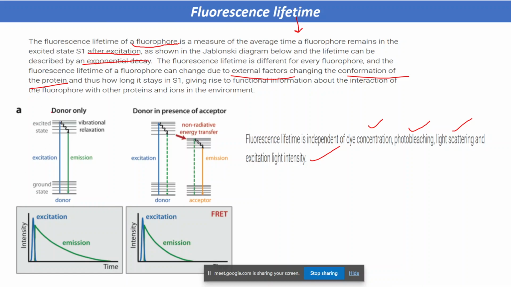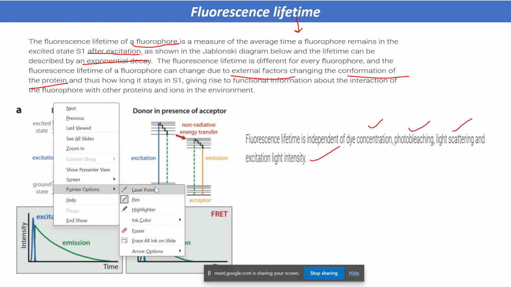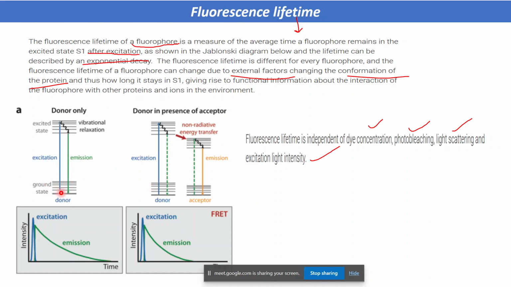If you look at the diagram below, it is of a donor molecule. Suppose you are exciting a donor molecule and it goes to the excited state, then it vibrationally relaxes back to the lowest vibrational level of the excited state and further it emits.